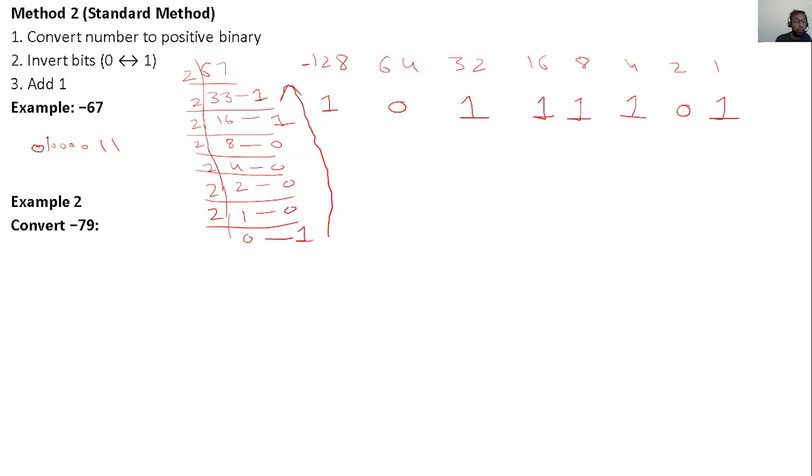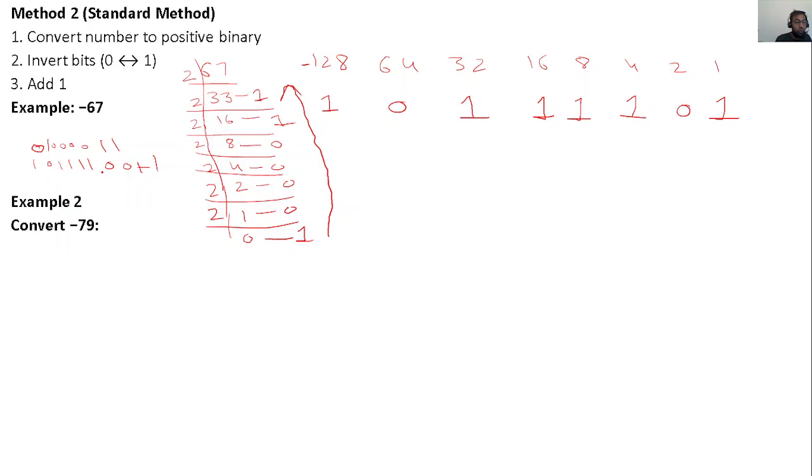So this is a positive 67. Now in order to convert it, the next step is we invert the bits. Invert bits means 0 will be converted to 1, and 1 will be converted to 0. So now we invert the bits: the 0 becomes 1, all 4 zeros become 1s, and then we get double 0. The next thing we do is add 1 to it.